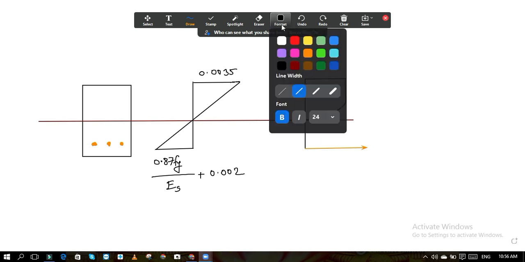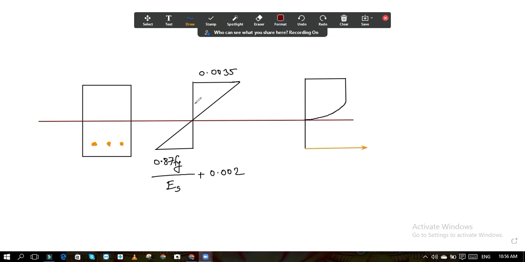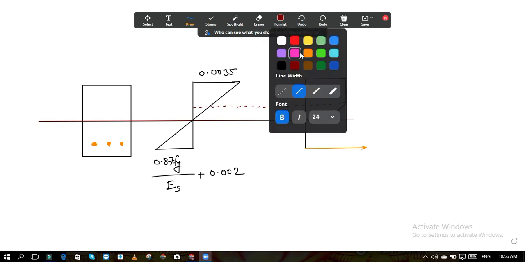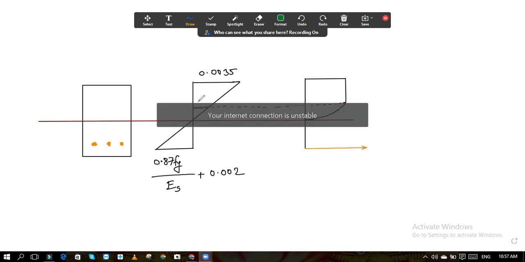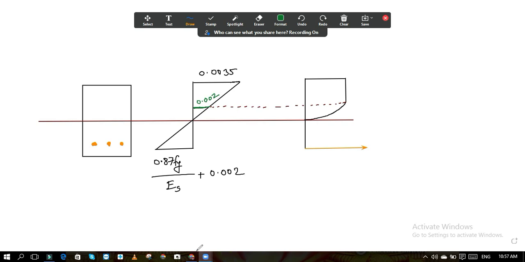Now if I project this point to the strain diagram, at this point your strain is 0.002, and your compressive force is acting just above this.